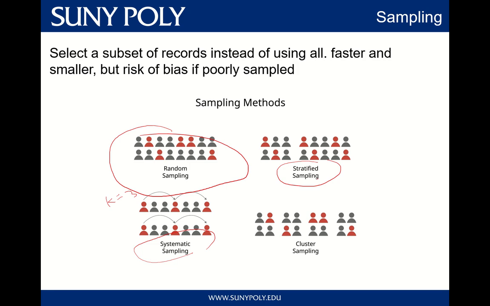I have two kids, so when I'm going out to have dinner, it's relevant whether the place has a small park for the kids. Also, if there is a menu for the kids, that's important, right? So depending on the context, there will be some variables that will help you to stratify.